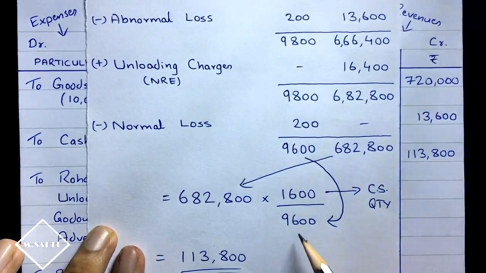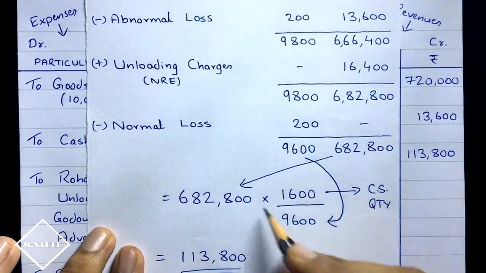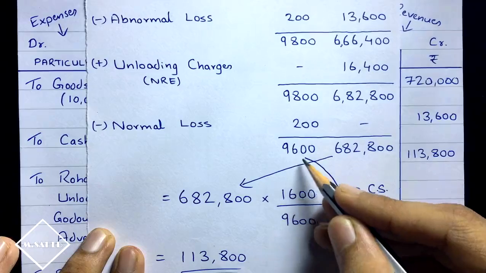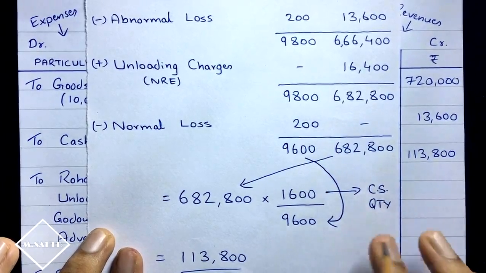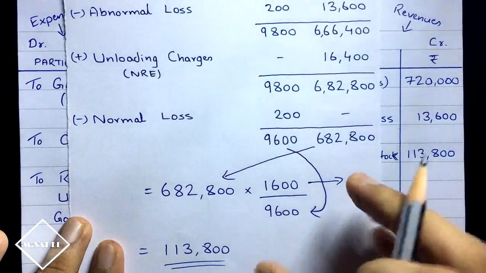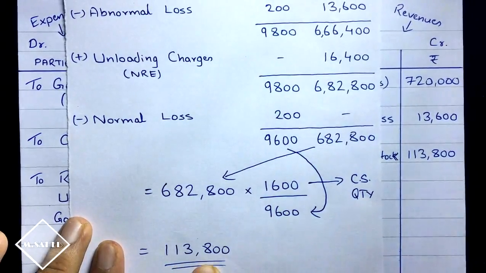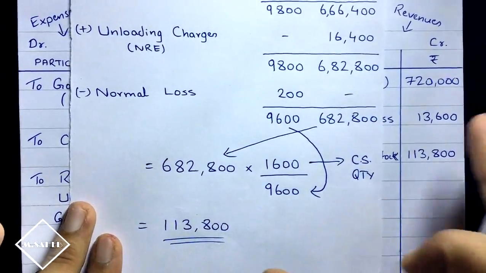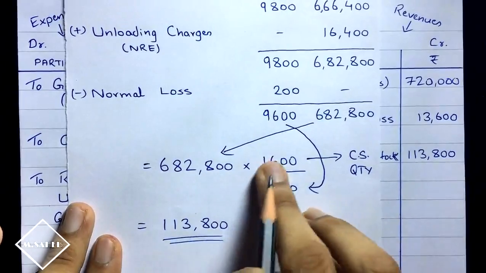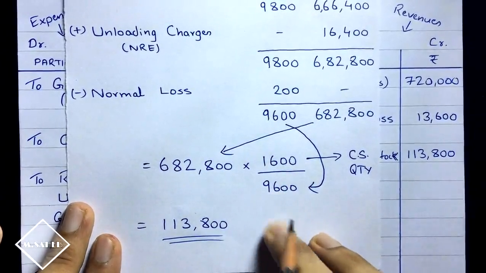It's very simple, this formula: the last value into closing stock quantity and the quantity before sales, simple. So you have to take that. Now after applying this formula, you will get 1,13,800 as the value of the closing stock. It's very simple, okay. 6,82,800 into 1,600 divided by 9,600.